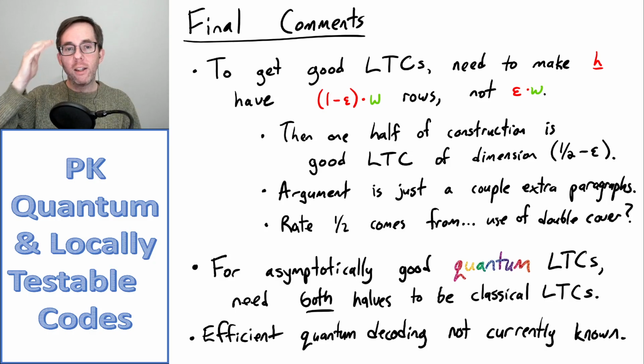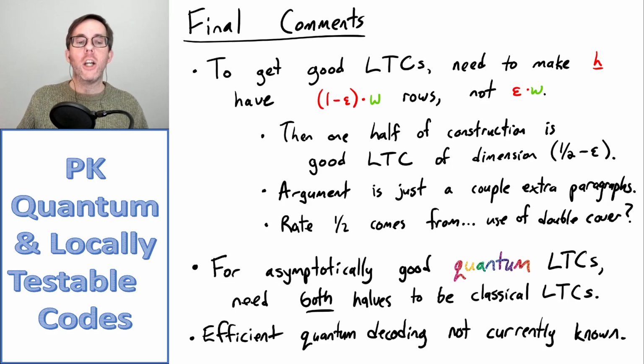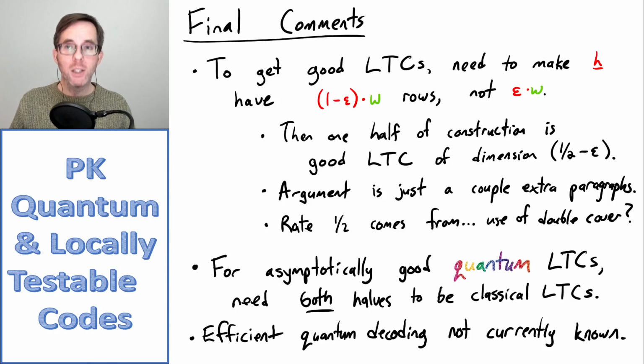And as mentioned, in the PK construction, only one of the 2 halves is a classical LTC. So they currently don't know how to get asymptotically good quantum LTCs. And they also don't currently know an efficient decoding algorithm for their quantum code, although it seems plausible that you could get one, but this is still open.